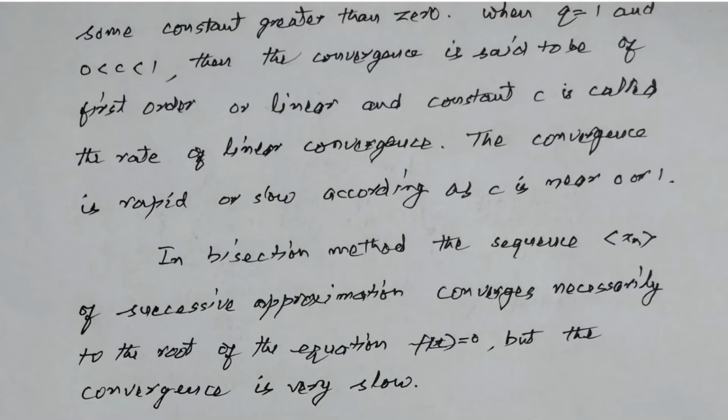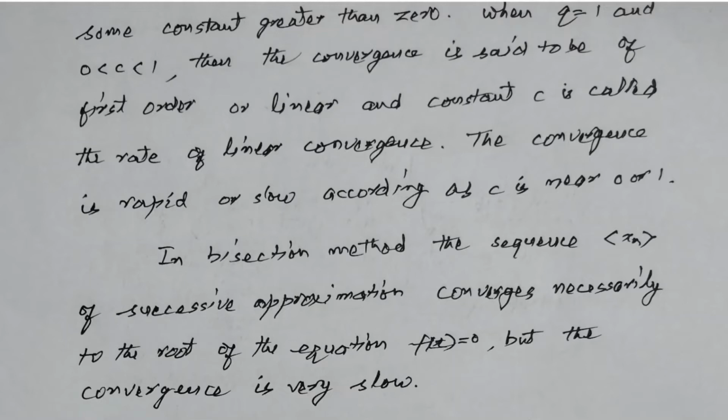The convergence is rapid means we can obtain the root up to the desired degree of accuracy in some steps, and when c is near to 1, the rate is slow, means we have to calculate many steps, about 6, 7, 8 or 9, 10 steps to get the result up to the required accuracy.